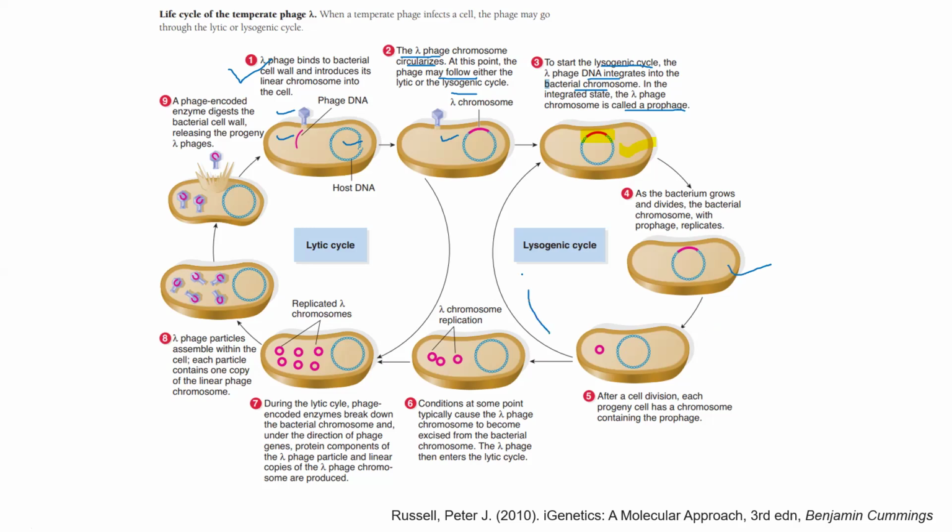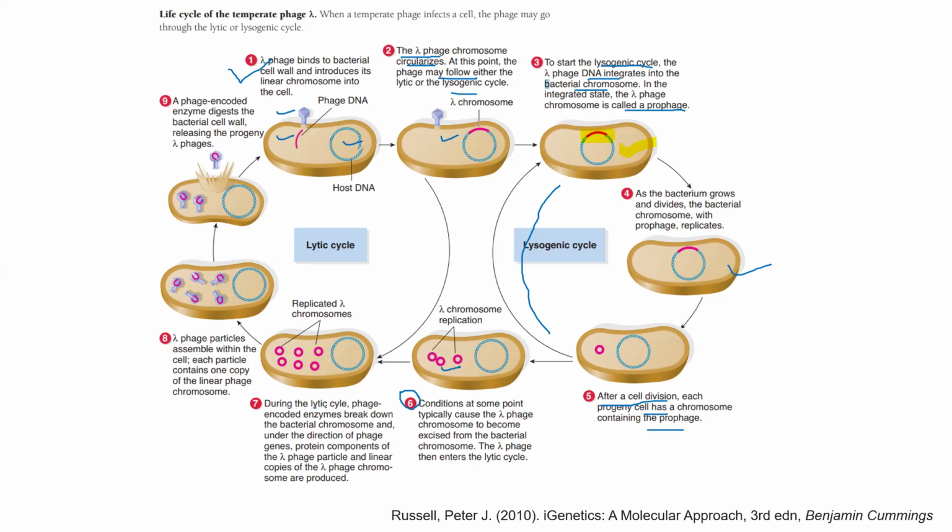And this cycle is completed. This is the lysogenic cycle. This integration is a reversible step, and there are certain triggers that result in this prophage getting excised. Conditions, step number 6, at some point typically cause the lambda phage chromosome to become excised from the bacterial chromosome, and the lambda phage then enters the lytic cycle.